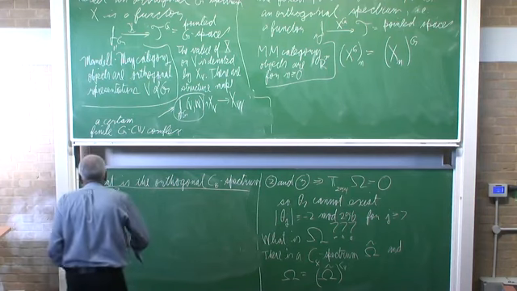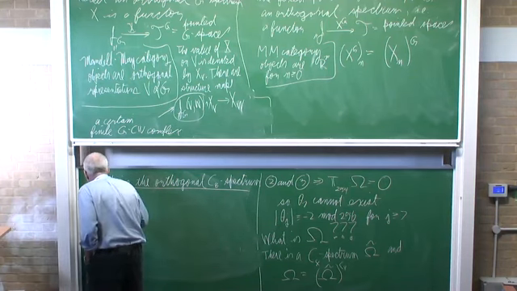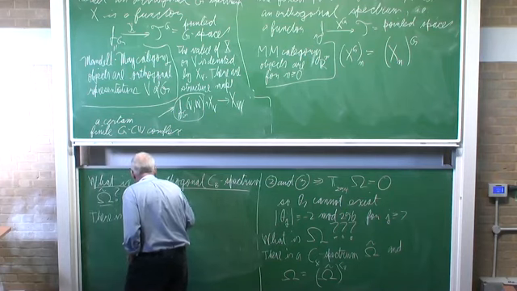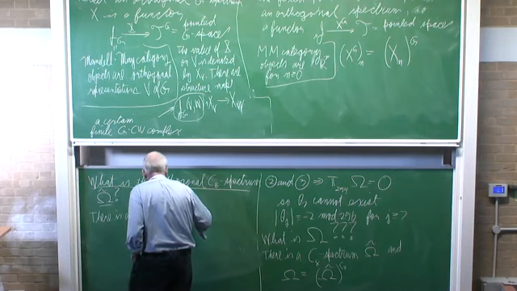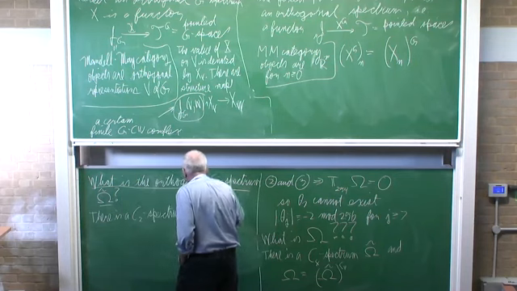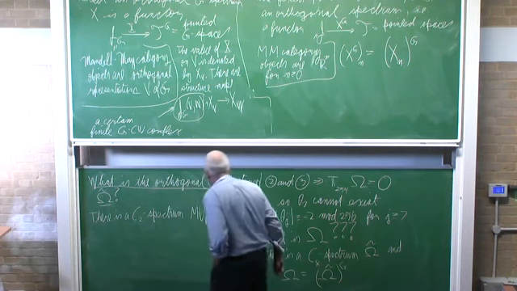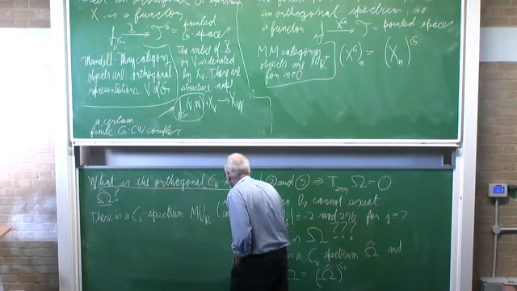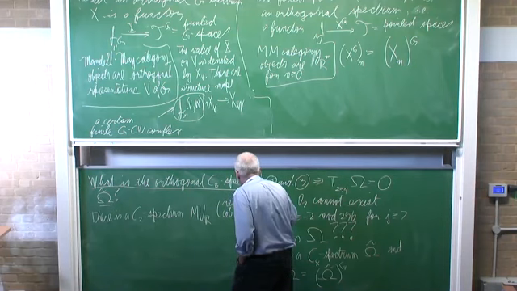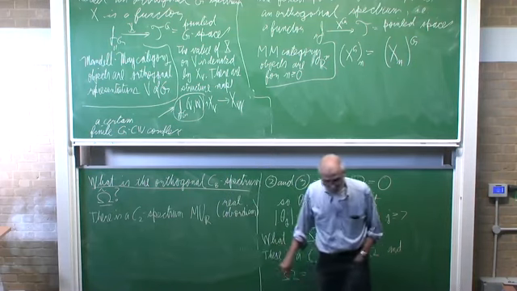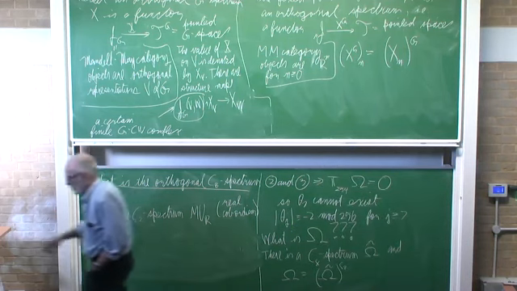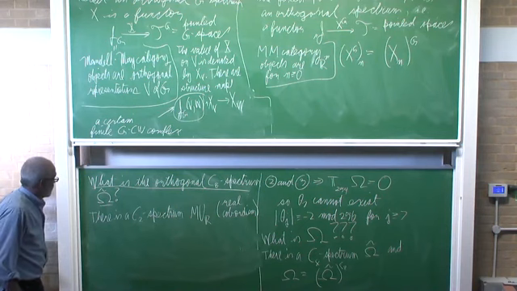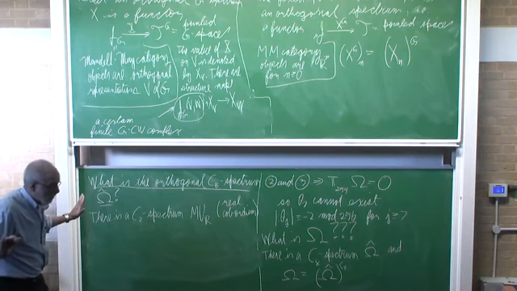So, there is a C2 spectrum known as MUR, sometimes referred to as real cobordism. And it was described a few weeks ago in this room in a talk by Leonard Meyer, who mentioned this in a talk that he gave. I'm sure you all remember everything that he said.